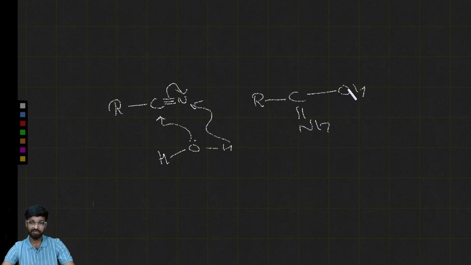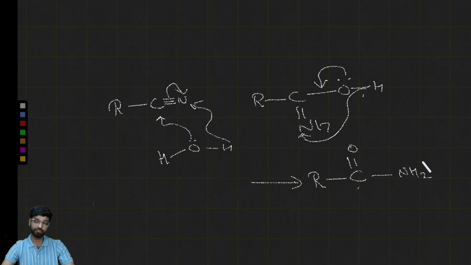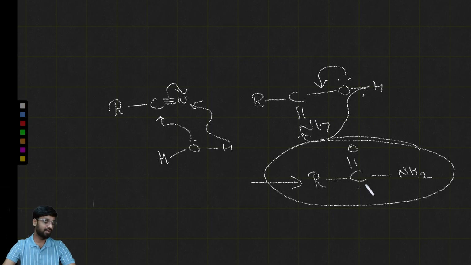Now next, what will happen? We have to form CONH2. Again an intramolecular proton transfer takes place. So this bond comes here and this hydrogen is transferred onto this nitrogen to form at last CONH2. And this is called amide.